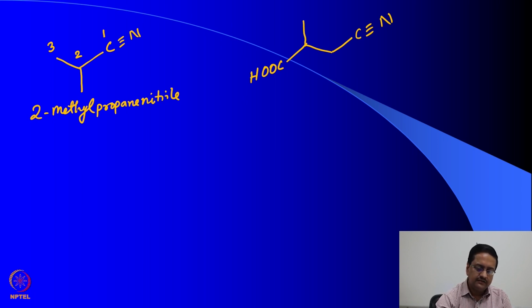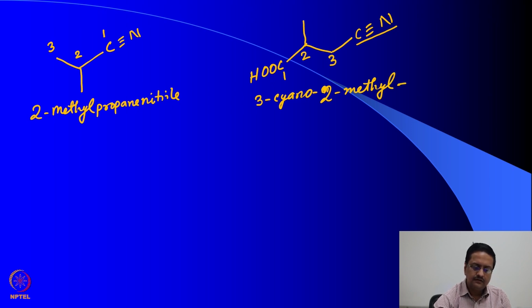On the other hand, for the second molecule, we should number it as 1, 2 and 3, leaving the carbon connected to cyanide as substitution, and the name of that molecule then should be 3-cyano-2-methylpropanoic acid.